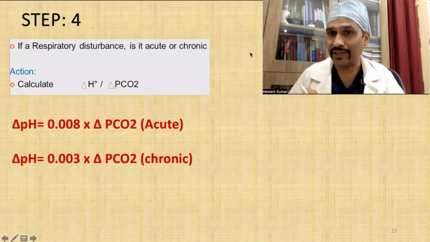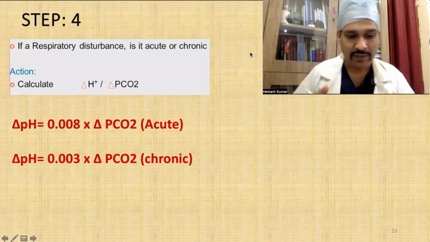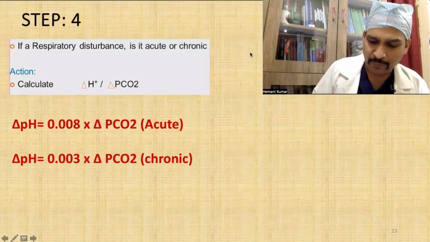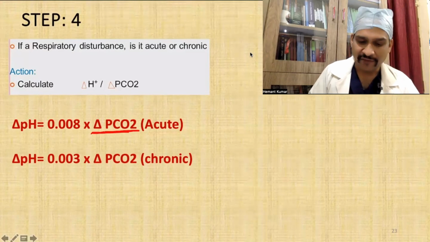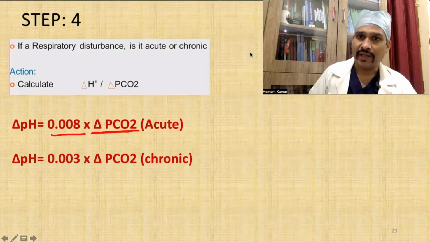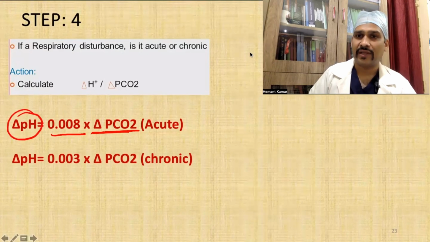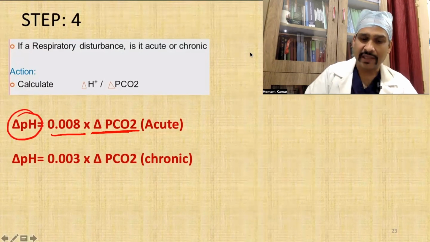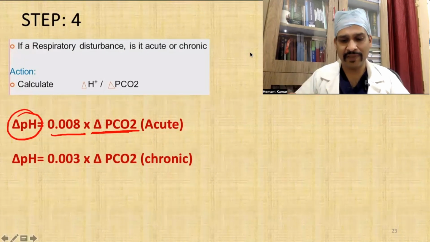But in chronic, there is a small pH change for a large change in PCO2. So we have to calculate the delta PCO2 and multiply by 0.008 to calculate the delta pH. If this delta pH and the pH change given in the ABG are the same, it means acute.